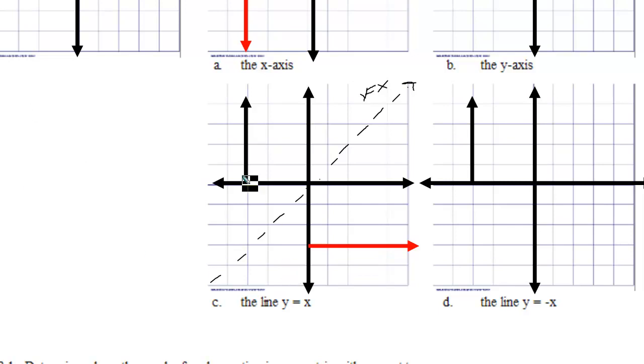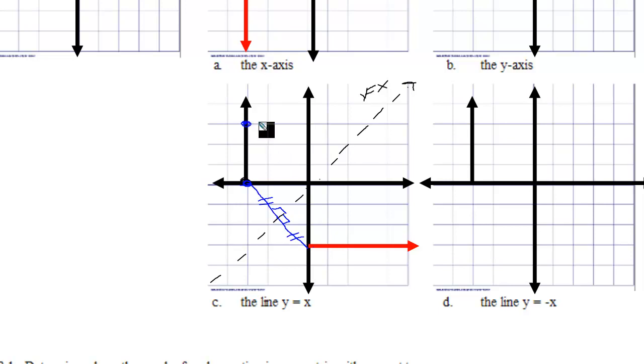Let me show you how I know that for certain. If I pick any point on the first part, and I draw a segment that hits the line of symmetry at a perpendicular, I should be able to continue that segment at the same angle, perpendicular, and the same distance, and give me a point on this other part, which that obviously does.